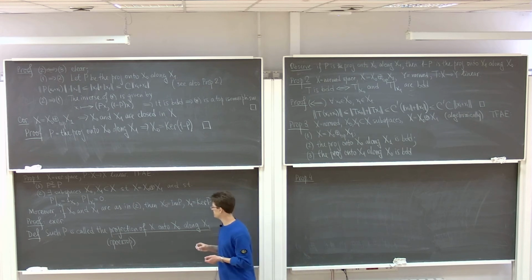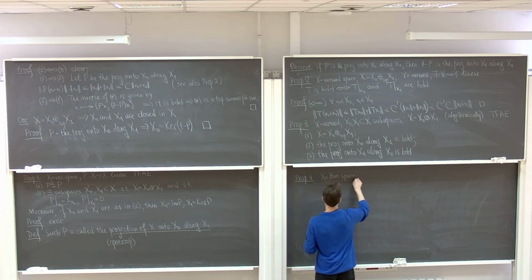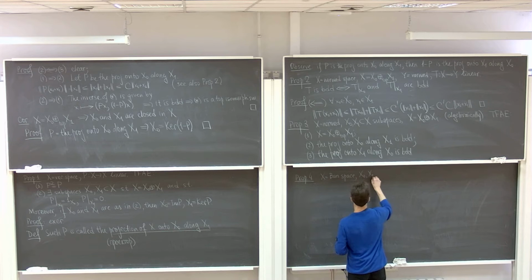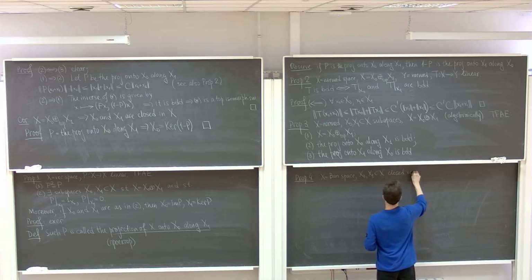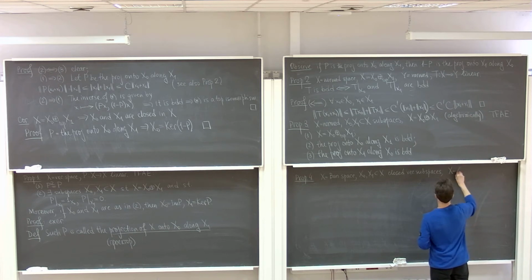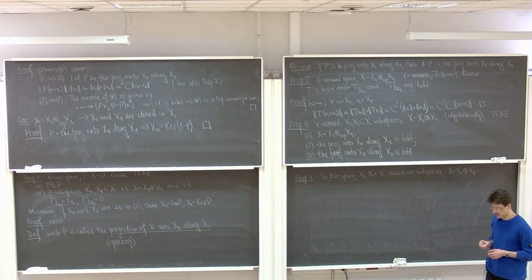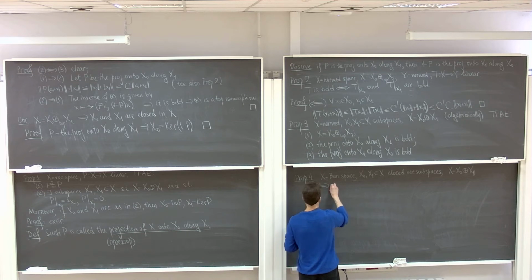If X is a Banach space, and if x0 and x1 are closed vector subspaces such that X is the algebraic direct sum of x0 and x1, I claim that X is actually the topological direct sum of x0 and x1.